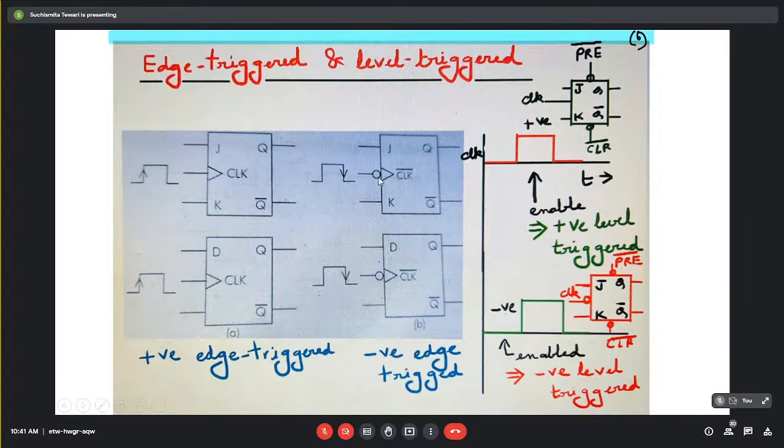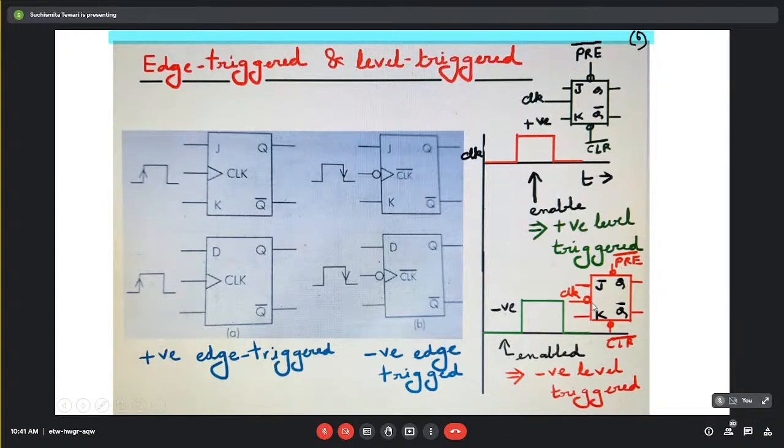I'm coming into why this is given over here. And in case of level triggered, if we give simply clock here, then it will be a single straight line, and the waveform would be like this. No arrowhead will be there in this waveform.